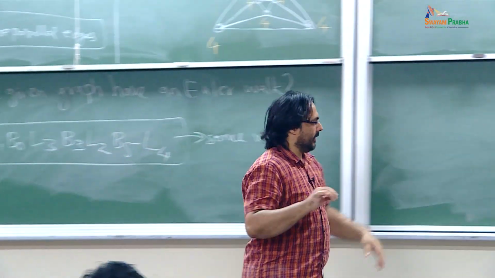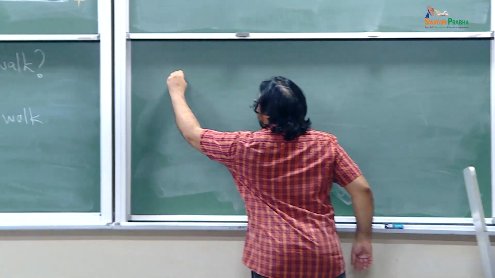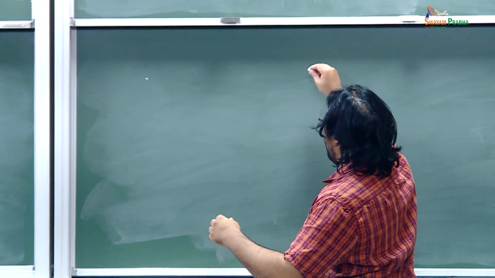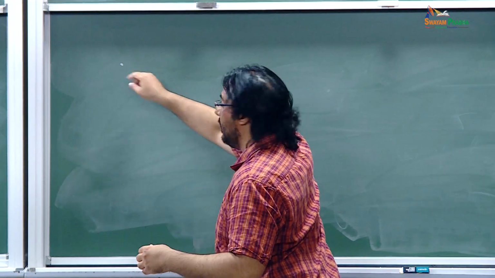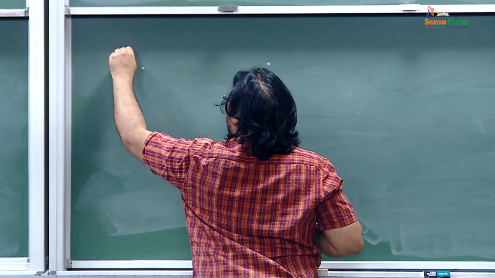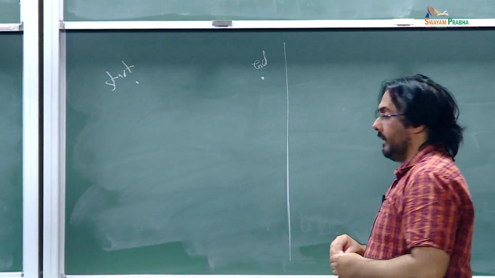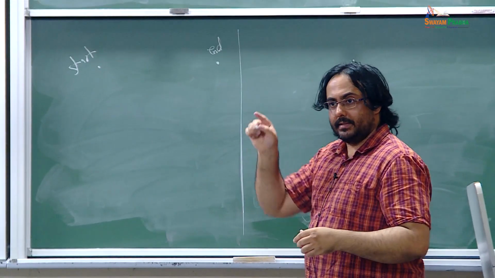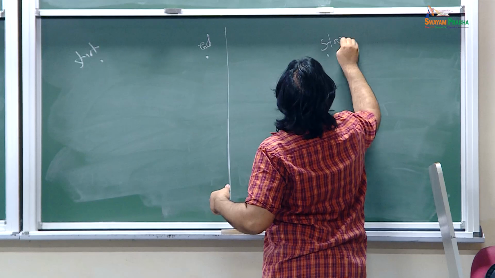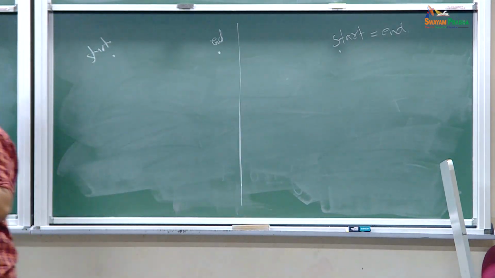I start from some vertex, I draw everything, and I either end at the same vertex or at a different vertex. Do you all agree? These are the two possibilities.